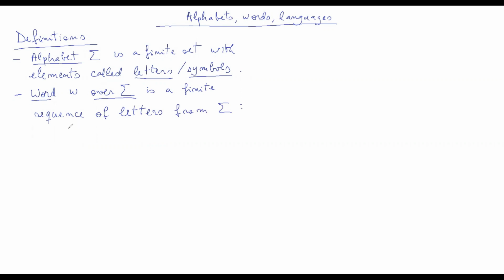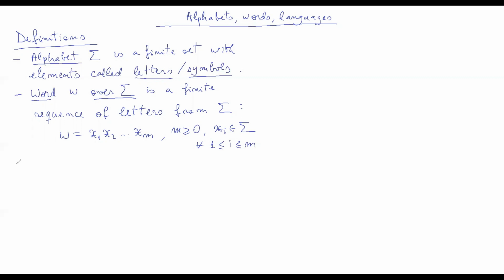So in other words, W is going to be just a sequence, say x1, x2, ..., xm, for some m greater than or equal to 0, and with xi from sigma for all i between 1 and m.